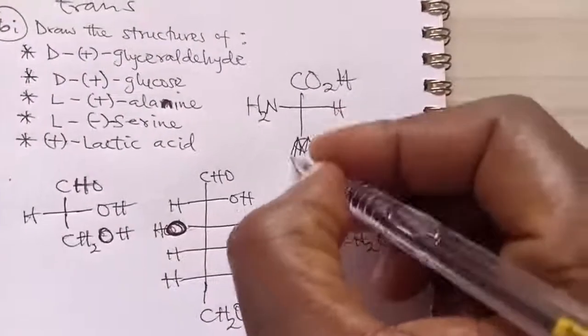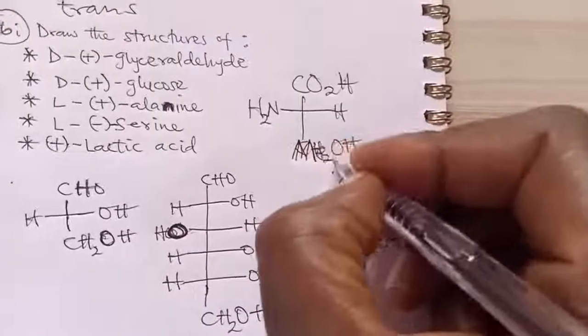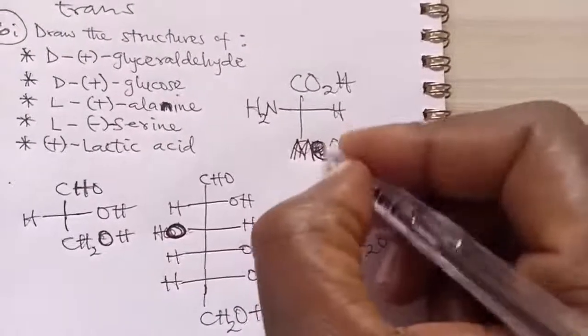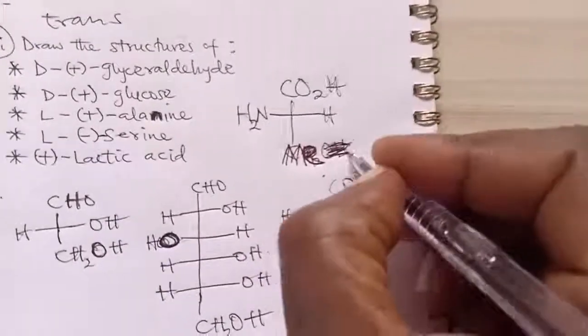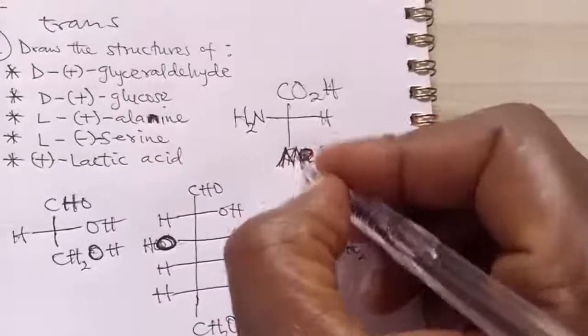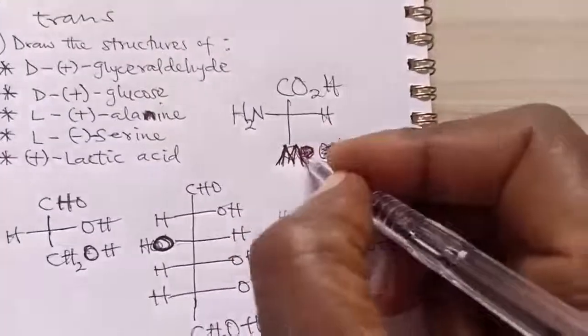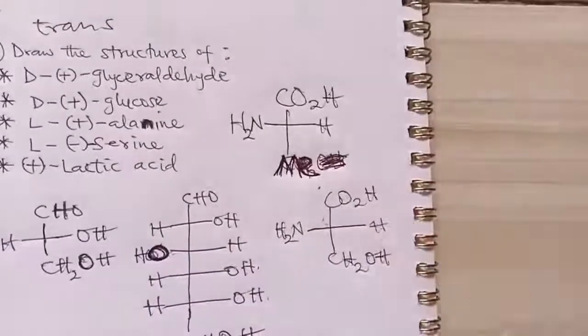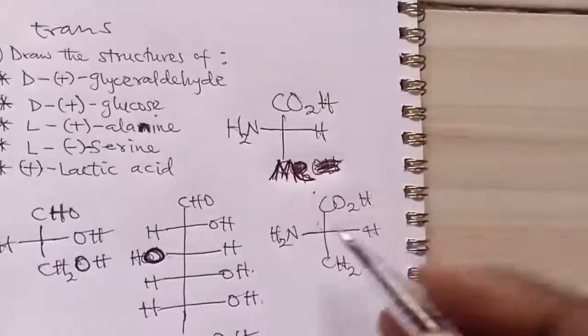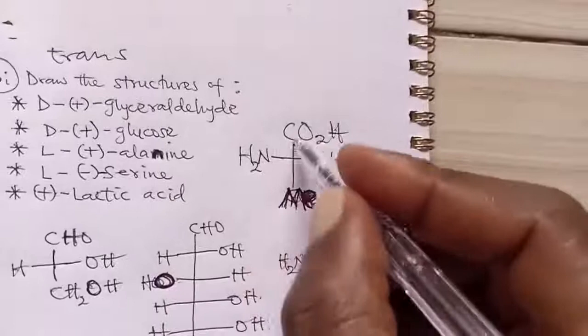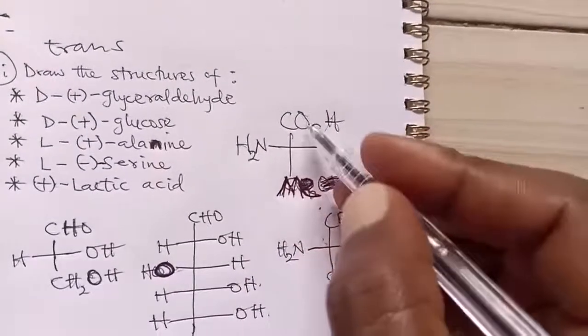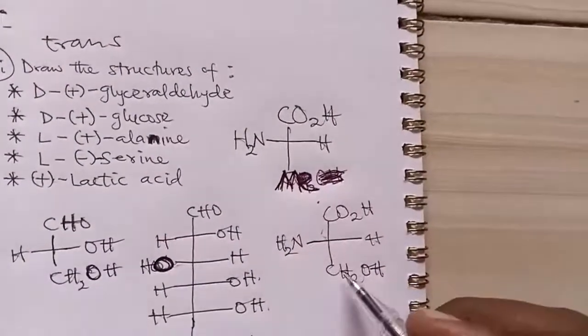Sorry. So correct that, a methyl group, Me. So cancel out this, a methyl group. Just remember, that's the difference between the positive and the negative. So methyl group is here on the positive alanine, negative serine.